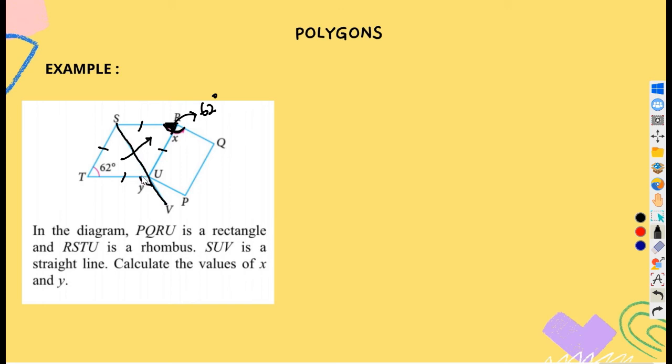Now how do we find the angles at S and U? We know that all interior angles of a quadrilateral add up to 360 degrees. We already know these two. So 360 minus 62 minus 62, you will get 236 degrees.